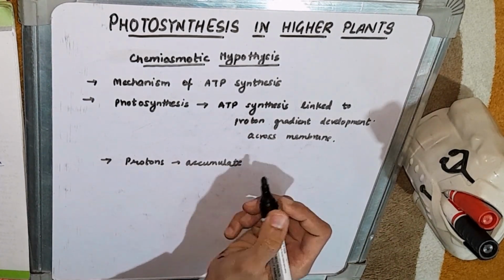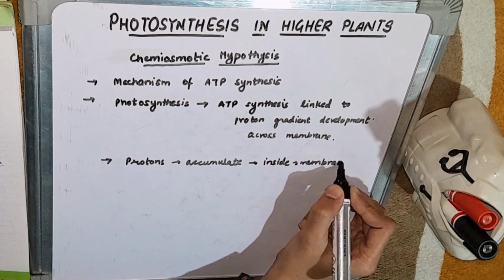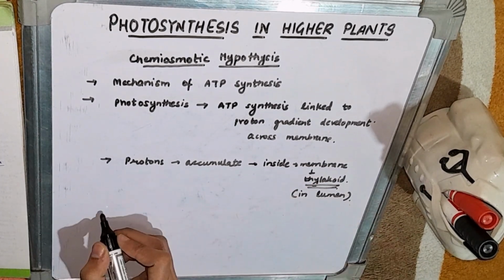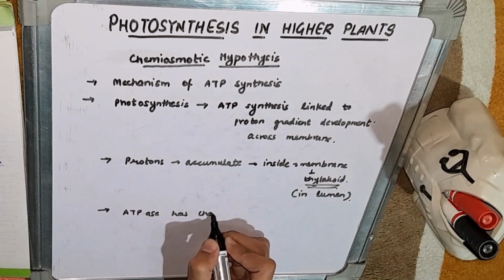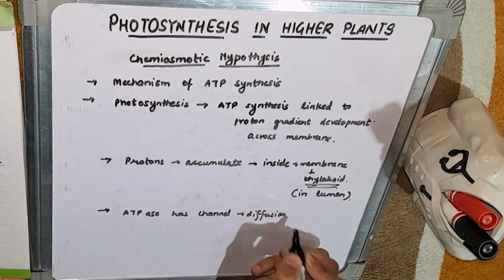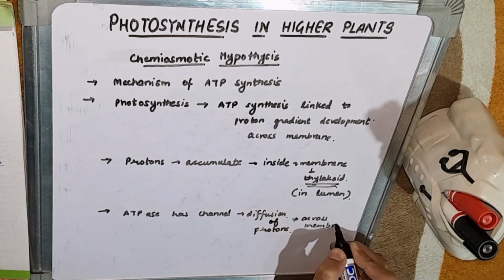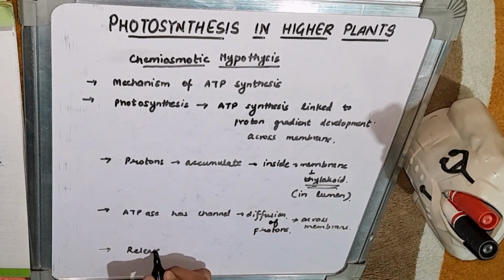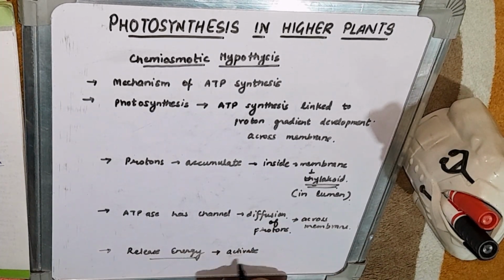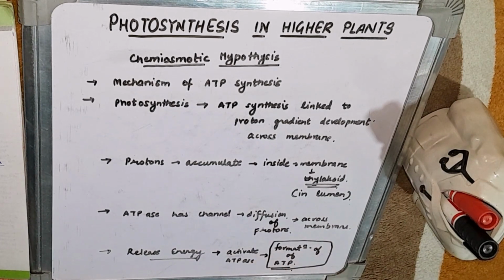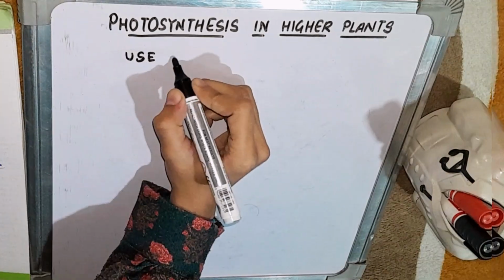How this happens is that first the protons get accumulated in the thylakoid lumen, and then the ATPase has a channel which is responsible for the diffusion of the protons. This diffusion across the thylakoid membrane releases some amount of energy, which activates this ATPase, which leads to the formation of your ATP. So here is your chemiosmotic hypothesis.